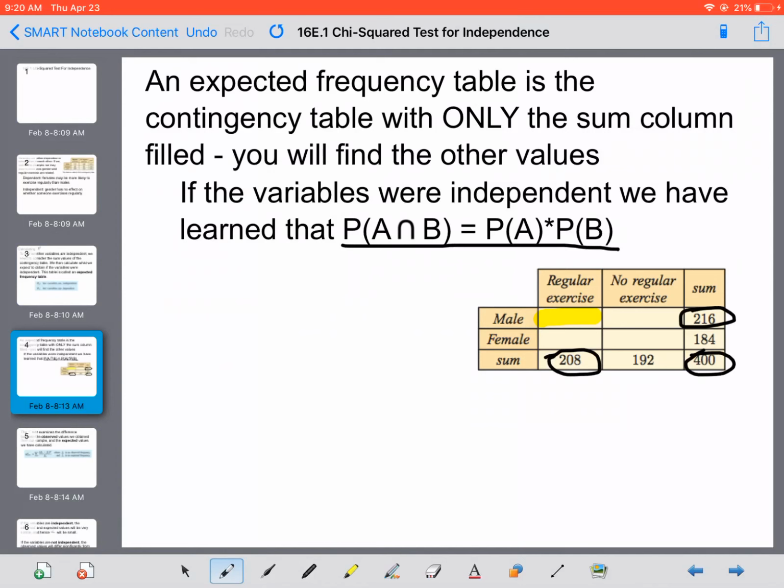So to find that yellow box, we are going to take 216 times 208 and divide it by 400.